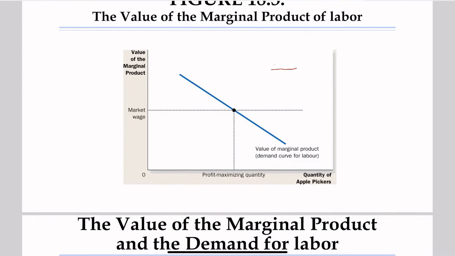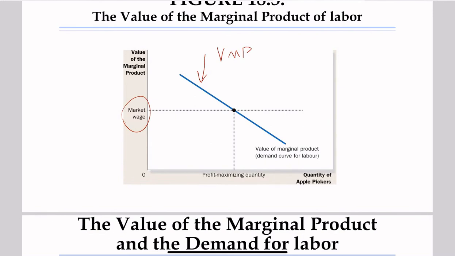Okay, so you can see that if you want to find out the optimal number of workers the firm should hire, then you will basically look at the market wage. And then you will draw out the firm's value of marginal product. And then you will look at this intersection, right?